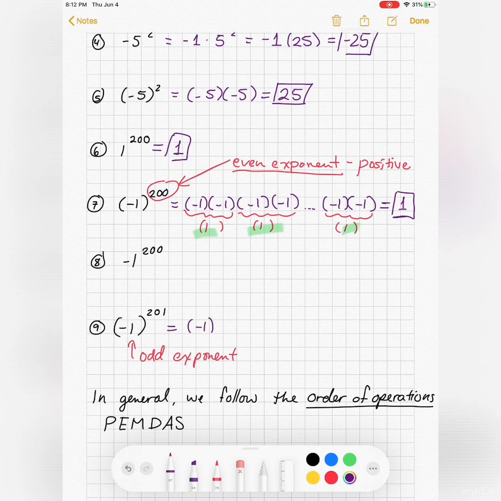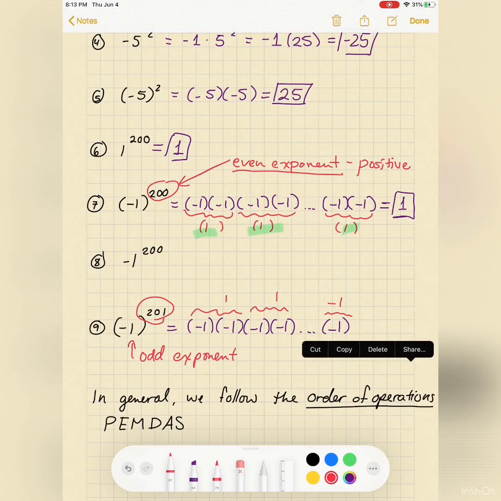Here I take -1 and multiply it by itself 201 times. So here I have all these pairs. That's +1, that's +1. But once I've got all my pairs, I'm up to 200. Then I have this extra factor of -1 here.